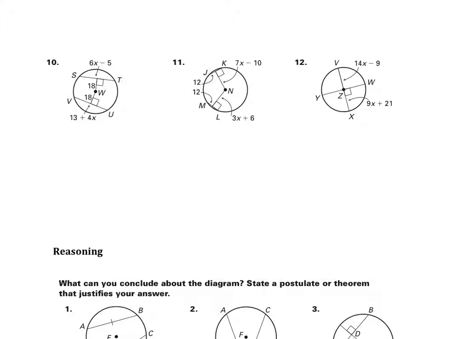In number 10, I have two chords equidistant from the center, so the two chords are equal. So x equals 9.